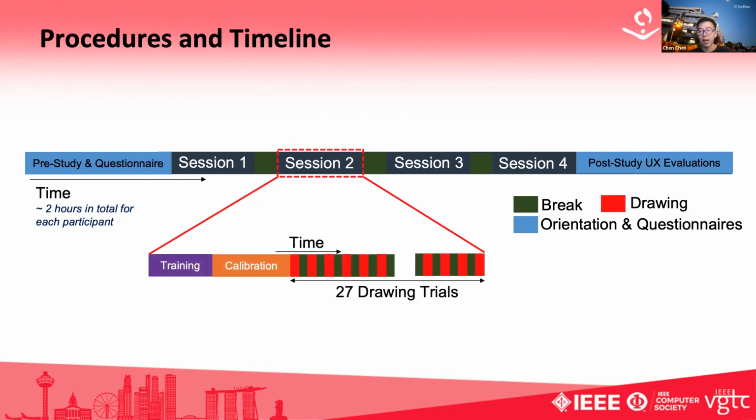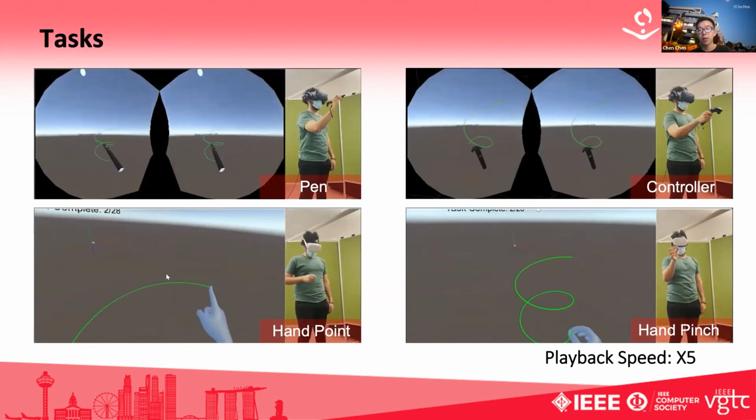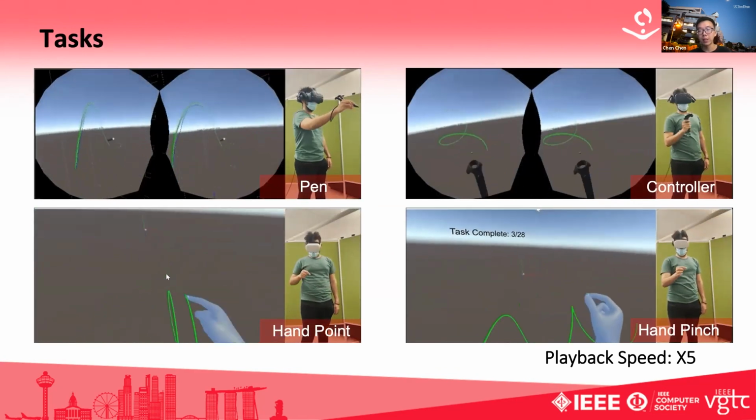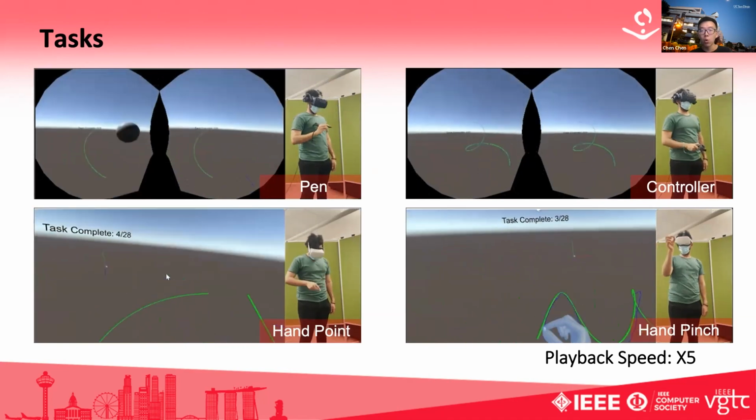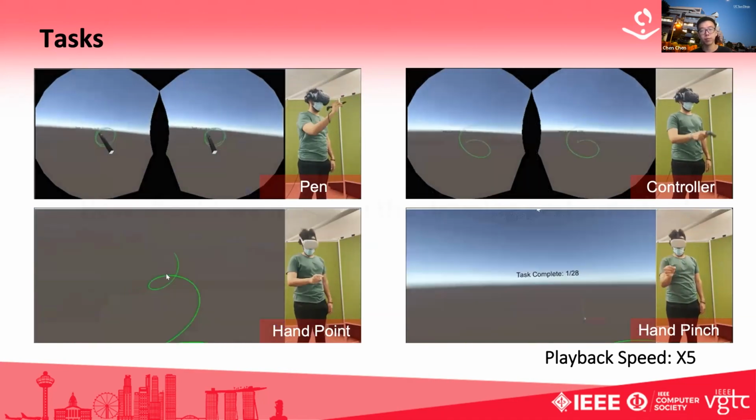While completing the task with each input method, breaks were intentionally added to minimize the impact of drawing fatigue. After putting on the headset, participants could complete the designated target tracing tasks, whose order has also been counterbalanced.